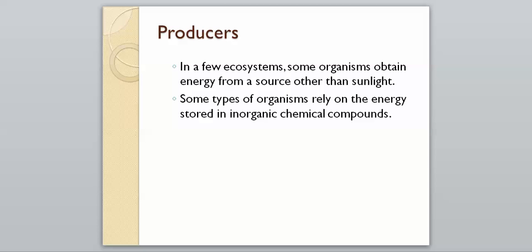In a few ecosystems, some organisms obtain energy from a source other than sunlight, so there are some organisms that are able to create their energy and absorb energy from areas outside of the sun. Some types of organisms rely on energy stored in chemical compounds.